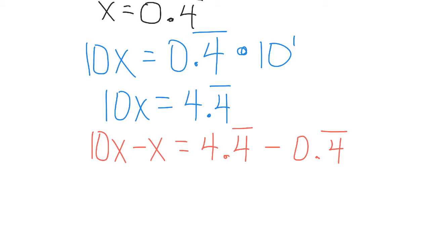Now, 10x minus x is going to leave us with 9x, and that is going to be equal to 4 because the 0.4 repeated canceled out the 0.4 repeated.